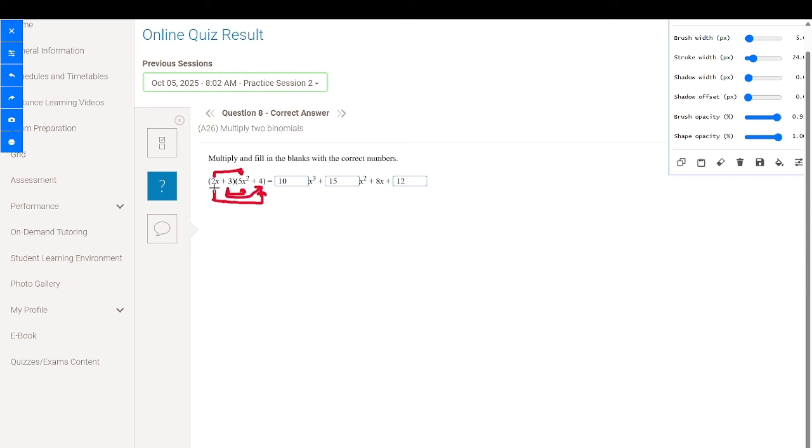Now 2x multiply 5x squared will be 10x power 3. 2x multiply 4 will be 8x, plus 3 multiply 5x squared, 15x squared, and 3 multiply 4 will be positive 12.